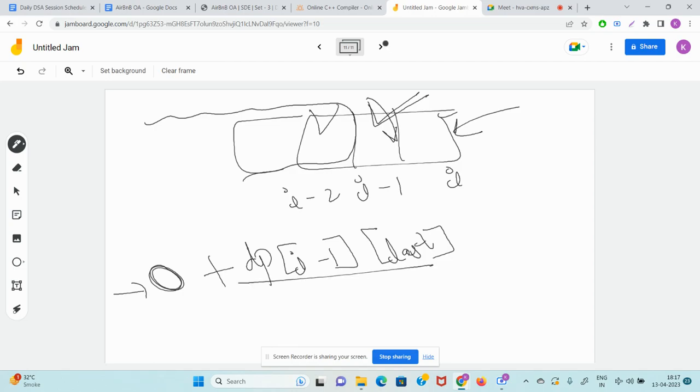But this assumes that the last index of the array was I minus 1. This does not assume that now you are picking this element. So if you are now picking this element, then b of I minus 1 will also come. ये भी जिंदा है, ये भी जिंदा है. सबसे पहले इसको उठा रहे हो तो b of I minus 1 भी तो आएगा ना चाचा जी. So 0 plus dp of I minus 1 last plus b of I minus 1.